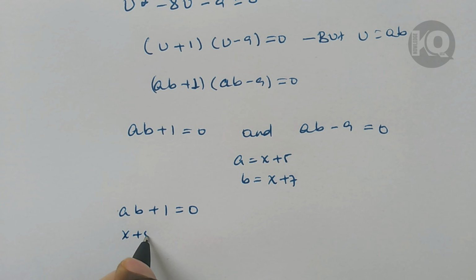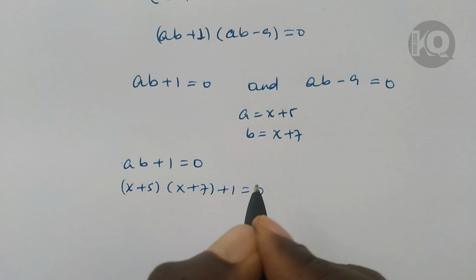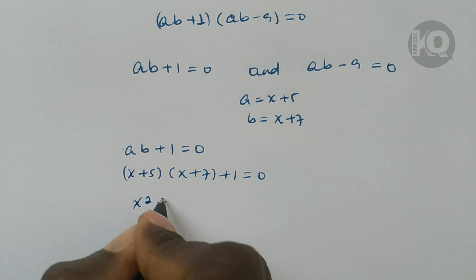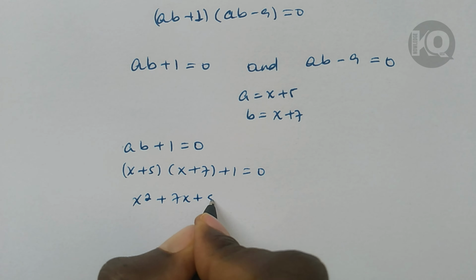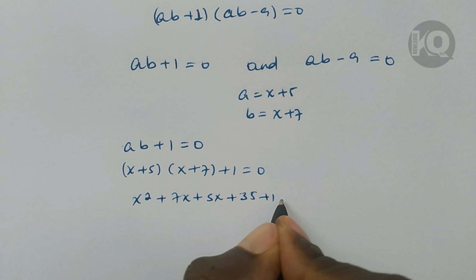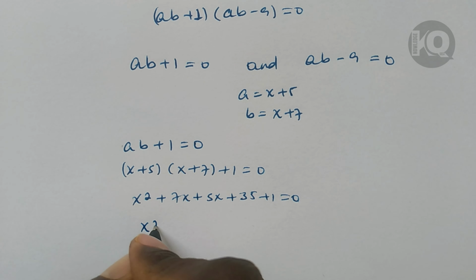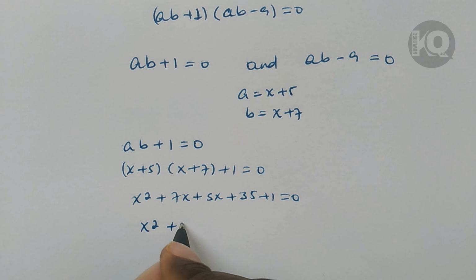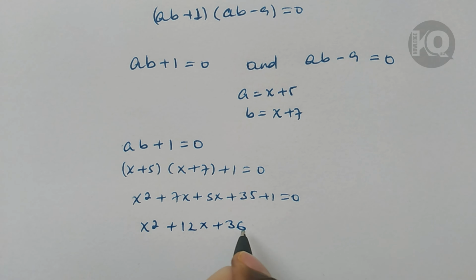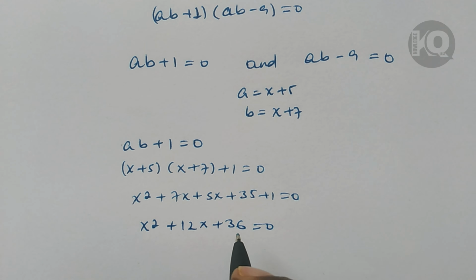So (x plus 5) times (x plus 7) plus 1 is equal to 0. So this will be x squared plus 7x plus 5x plus 35 plus 1 is 0. So x squared plus 12x plus 36 is equal to 0, which is a quadratic equation.